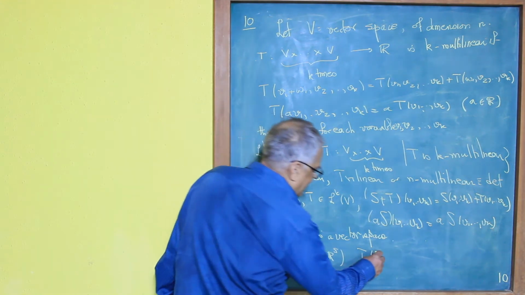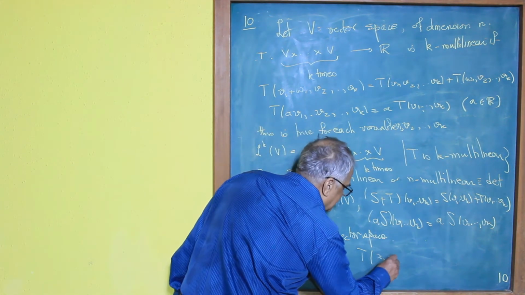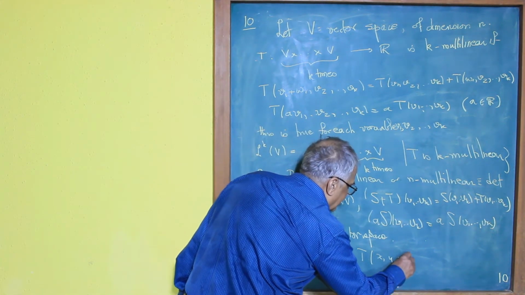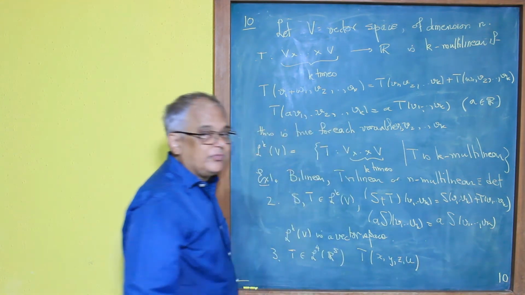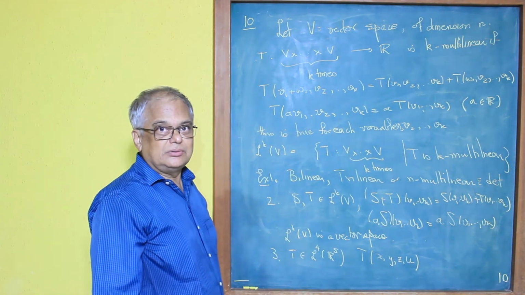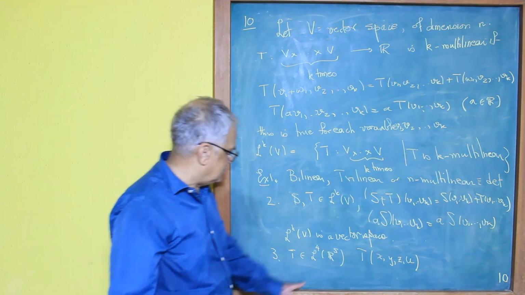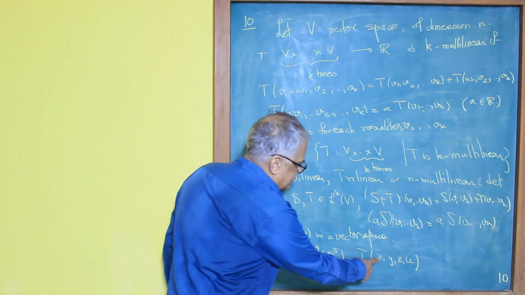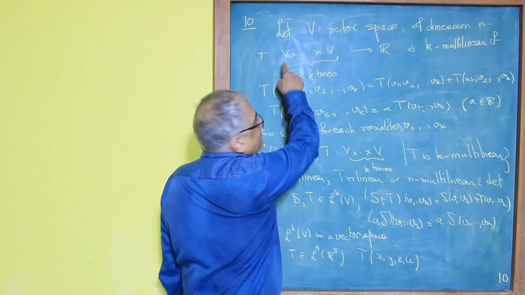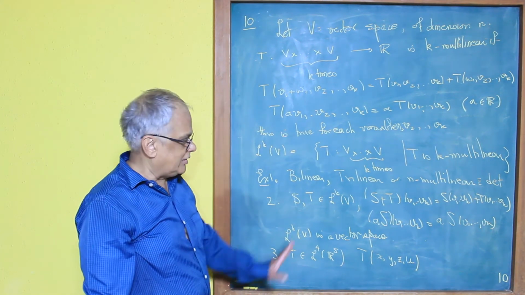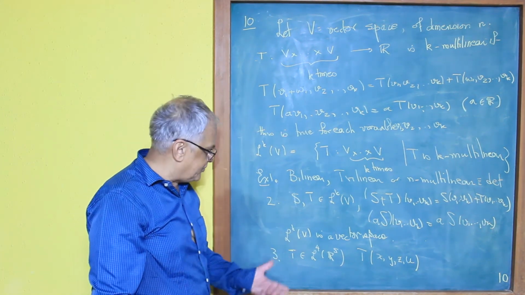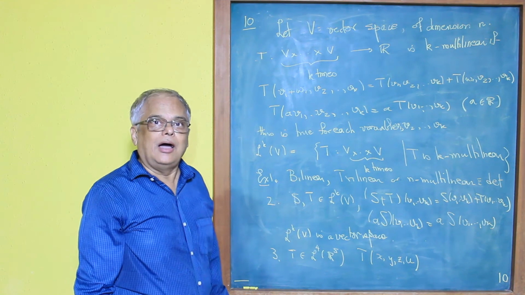I'll call those 4 vectors X, Y, Z, U. Each of these vectors is in the vector space V, and in this particular case, the vectors are in R5.